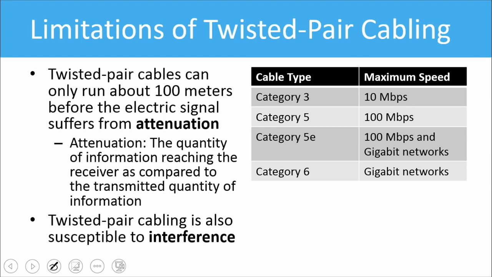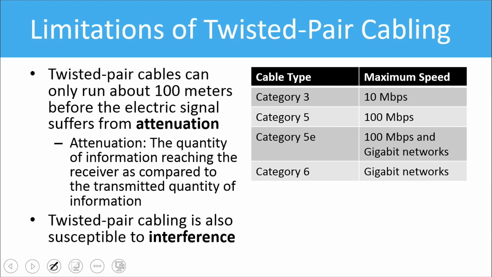And attenuation is just simply the difference between the amount of information that's being transmitted and the amount of information that actually reaches its destination. Okay. And so what attenuation is basically you're saying signal loss, right? So we're losing data due to attenuation.